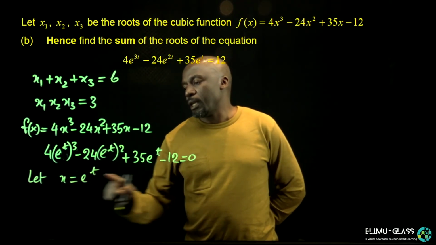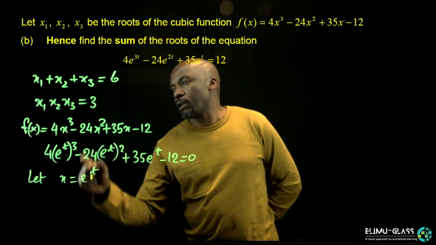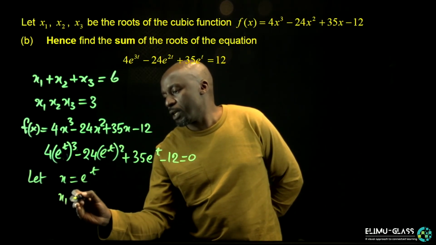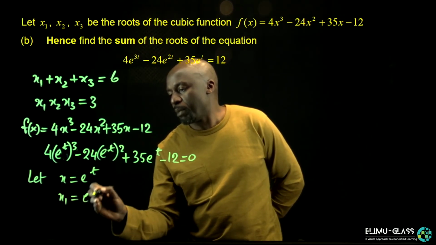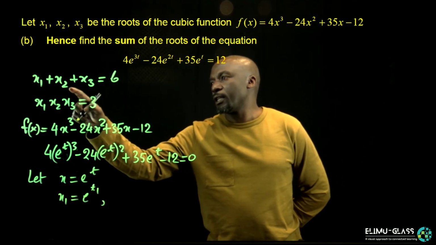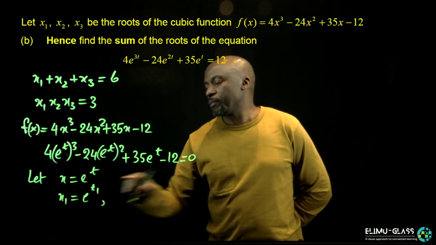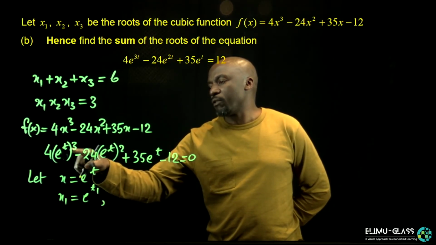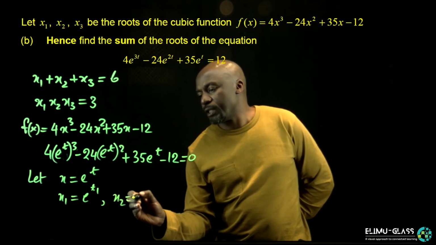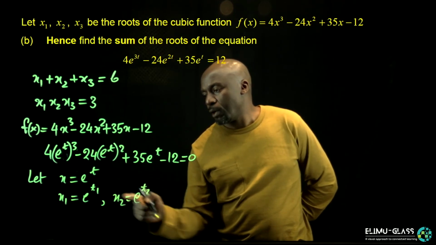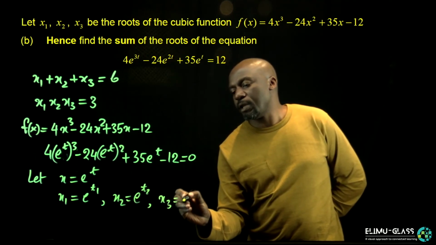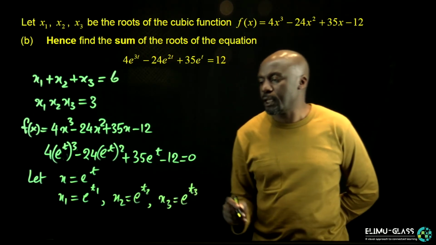And therefore, if x1 is a root of f of x, then x1 would be equivalent to e to the power of t1, where x1 is the root of the original function, and e to the power of t is one of the roots of our new equation. x2 would represent e to the power of t2, where t1 and t2 are now the new roots. x3 would be the equivalent of e to the power of t3.